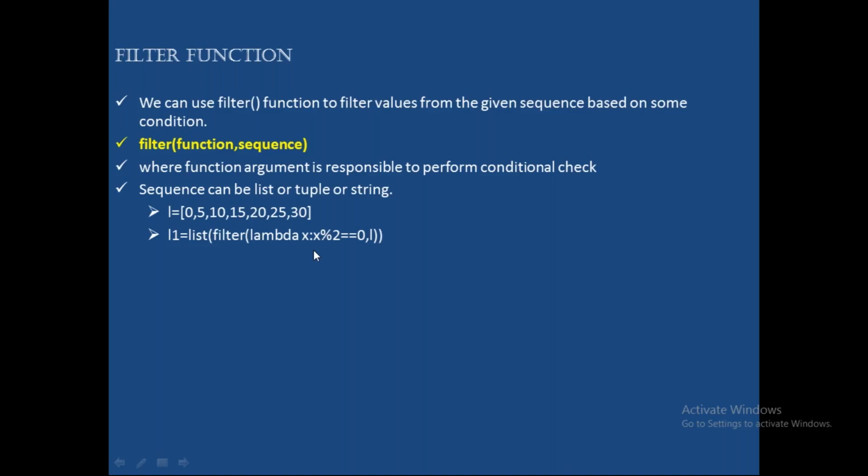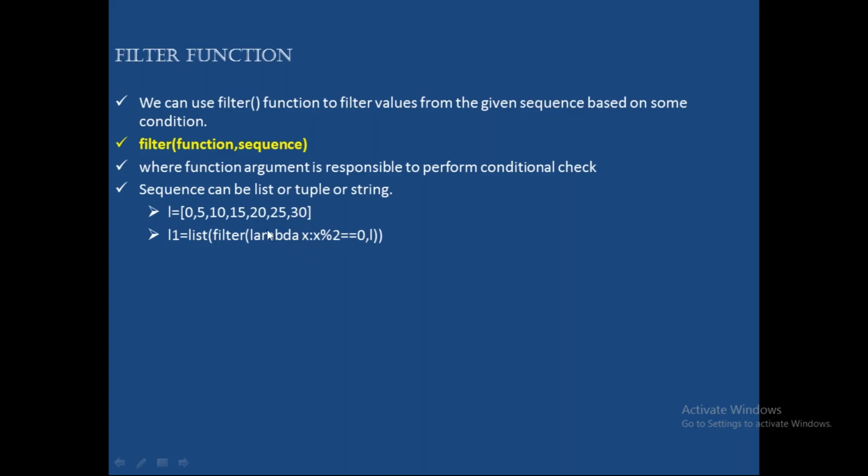The x value is 5. Is 5 % 2 equal to 0 or not? When you divide 5 by 2, you get remainder 1. Is 1 equal to 0? No, so it will return false.